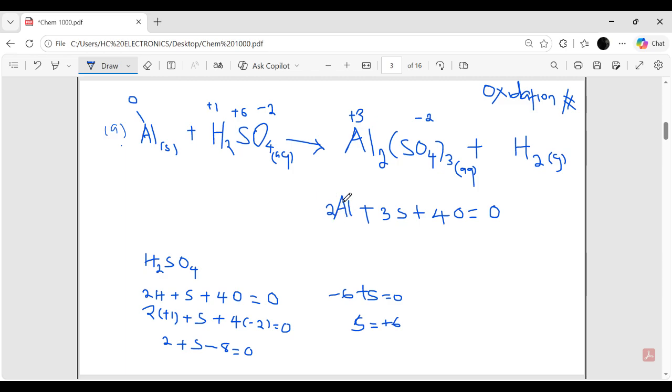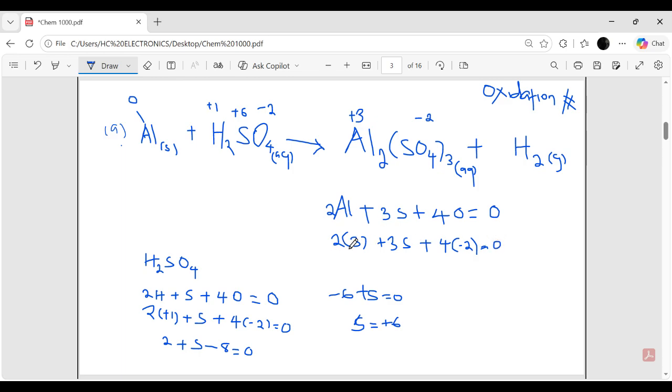Then here we have 2 aluminium, so it is 2 times positive 3, plus the sulfur which we are finding for, 3 sulfur, then plus 4. Then oxygen, it is negative 2, which is equal to 0.